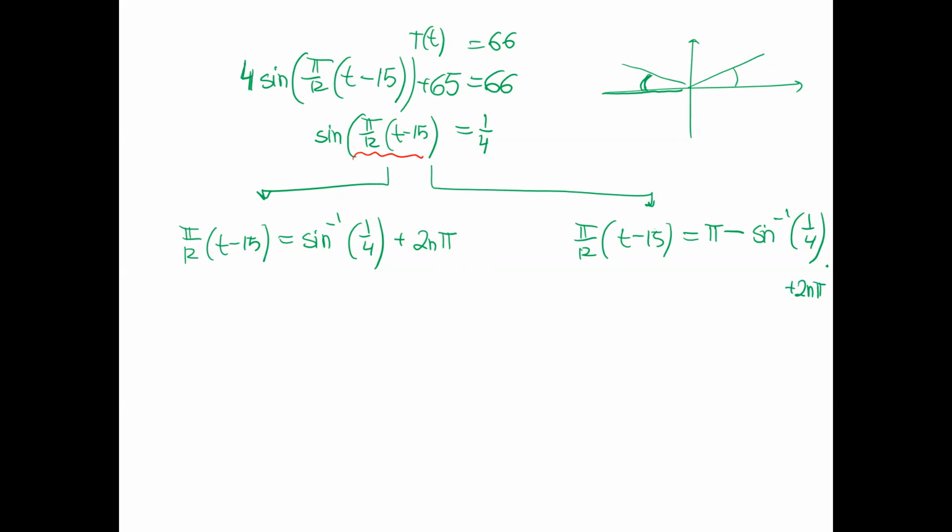Okay, so now let's solve it for t. We will multiply by 12 over pi, sine inverse of 1/4, and add 15.